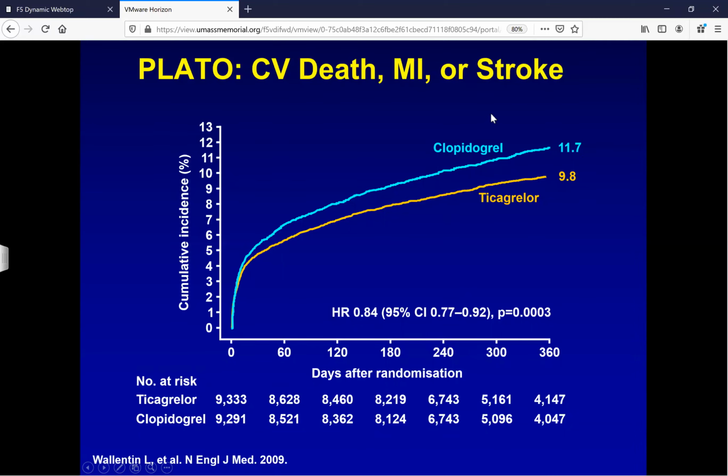They did not include stroke in the previous studies. So when you include the stroke, now there's a difference. There's a difference of about how much percent? 1.9%. So like 2%. Between aspirin and Plavix, the difference was 4%. Between Clopidogrel and Ticagrelor, about a couple of percent in 1 year.